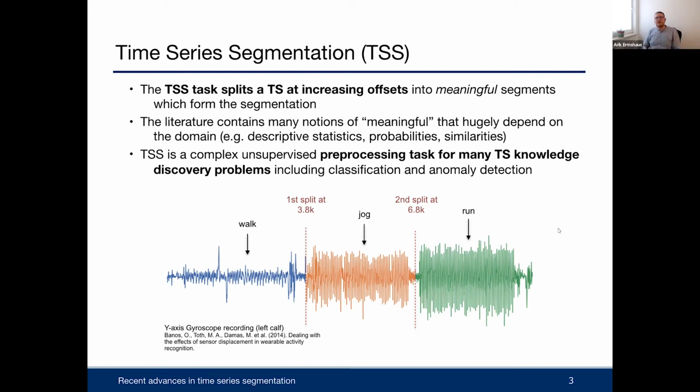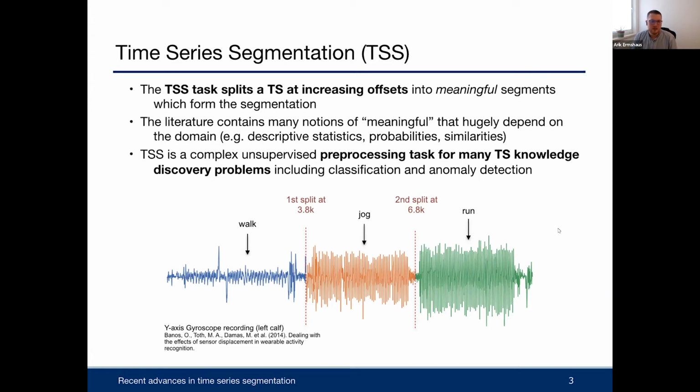And in this definition, there's the word meaningful. So we want to find meaningful segments. And this is the whole research effort, I would say, to define certain notions of meaningful. And this really depends on the domain.